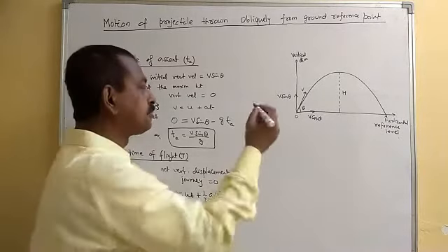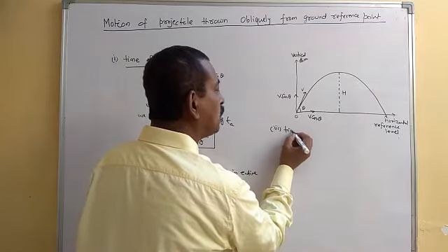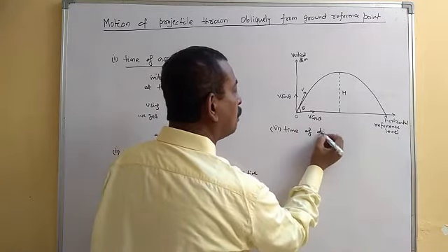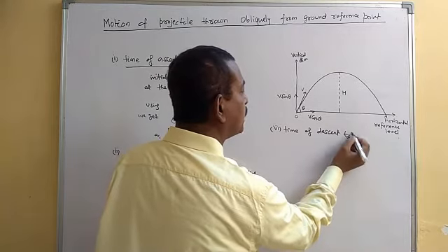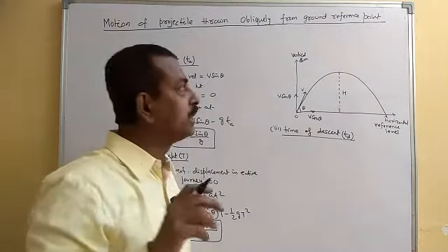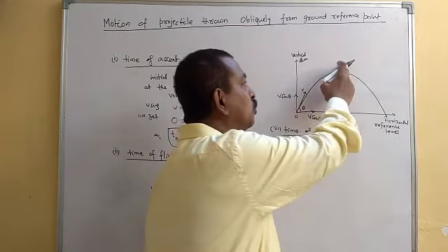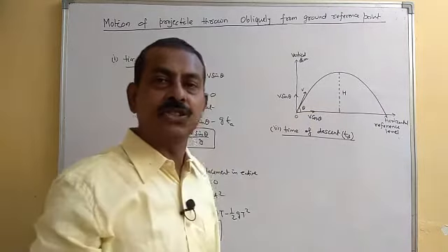Now, suppose we take another term, that is the time of descent. And we will represent it as Td. Now, time of descent will be the time taken by the projectile to move from the point of maximum height to the point where it is ending its journey.